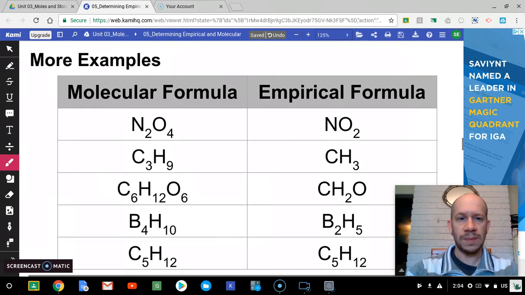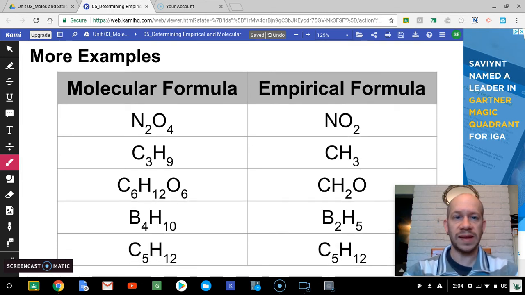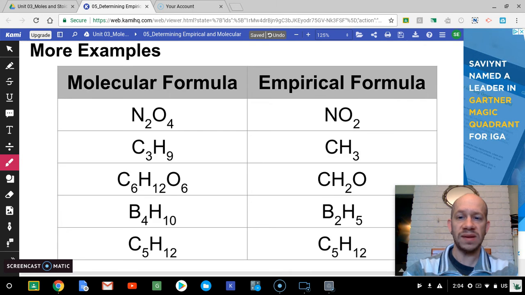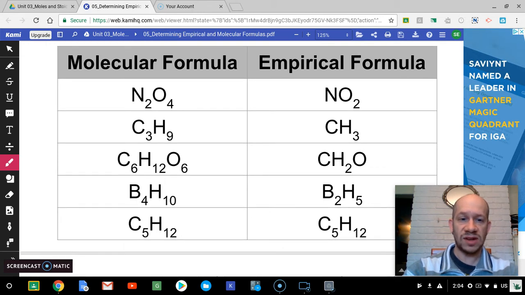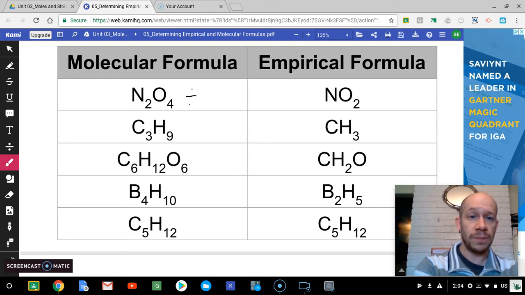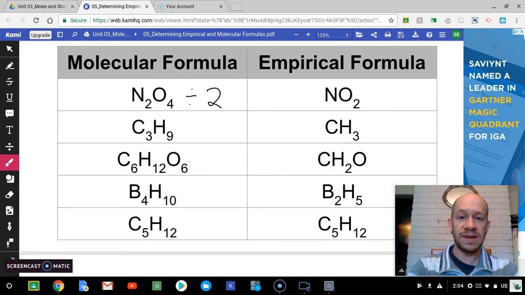Here are a few examples. If I have a molecular formula here and the empirical formula here, the empirical is always the most reduced. It cannot be reduced further. So N2O4, if I divide both numbers by 2, I'll get NO2. C3H9, if I divide both numbers by 3, I'll get CH3. C6H12O6, if I divide all numbers by 6, I'll get CH2O.